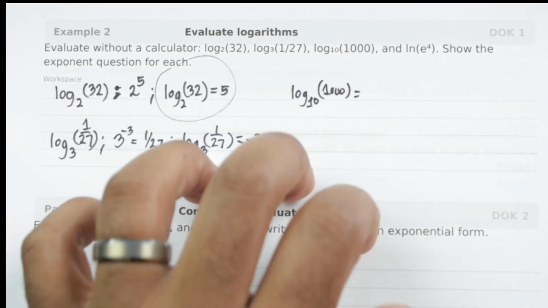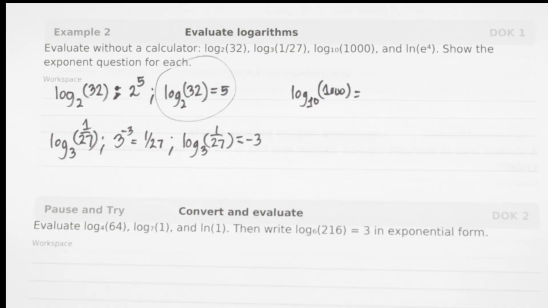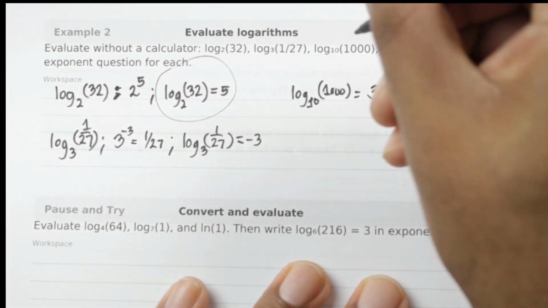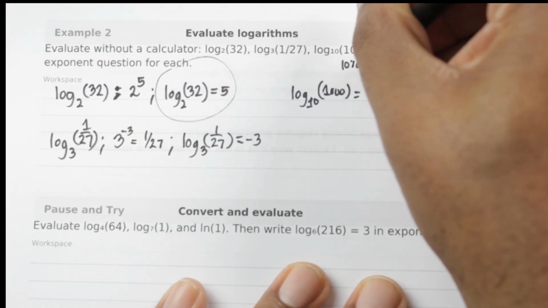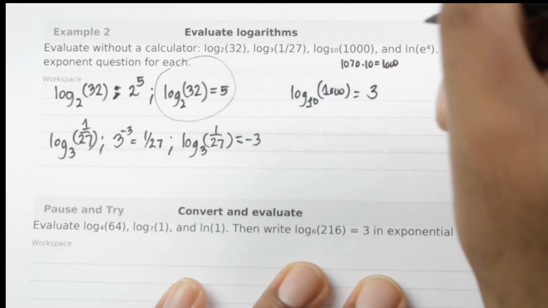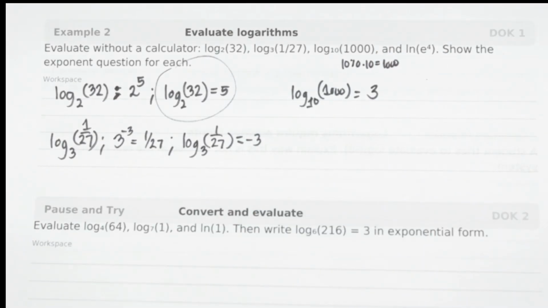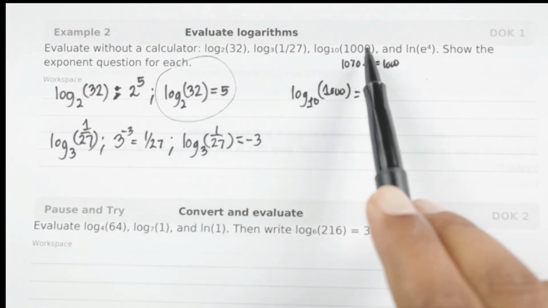Using the same principle, 10 raised to what power will give us 1000? 10 raised to the third power would give us 1000. So this would be 3, because 10 times 10 times 10 is 1000.